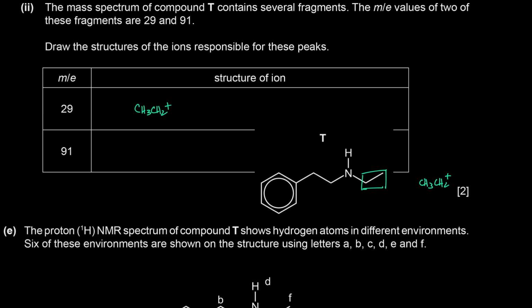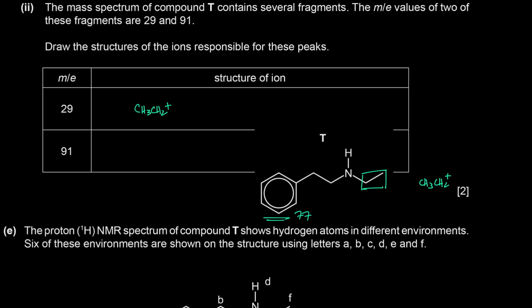Now, what about 91? Now, first of all, guys, remember that a benzene ring is 77. A benzene ring over here is 77. Okay? So then, what do we have next? We have 77 plus a CH2.